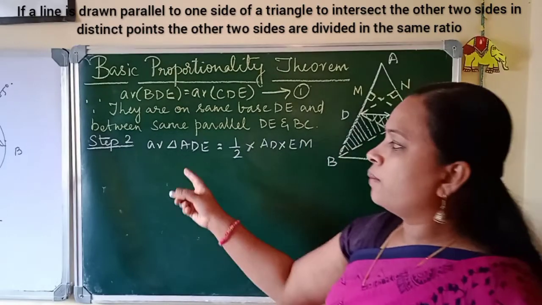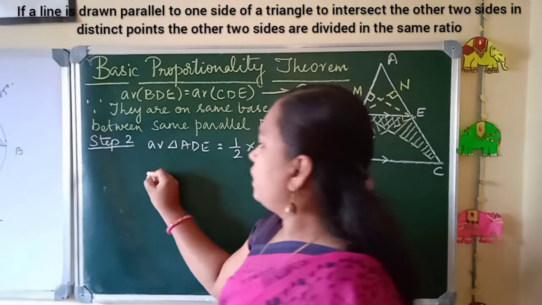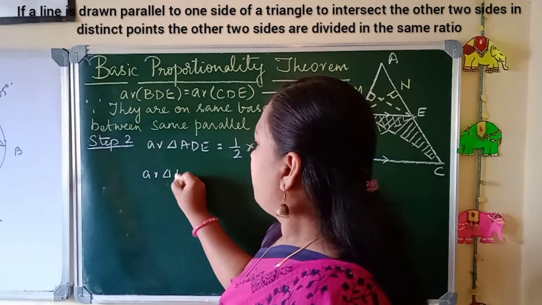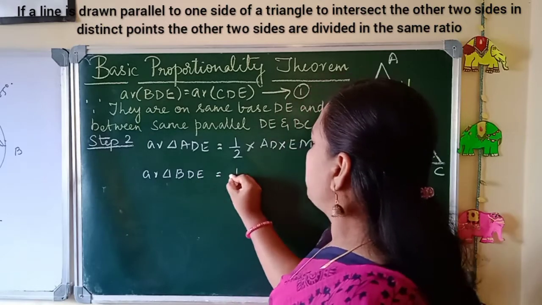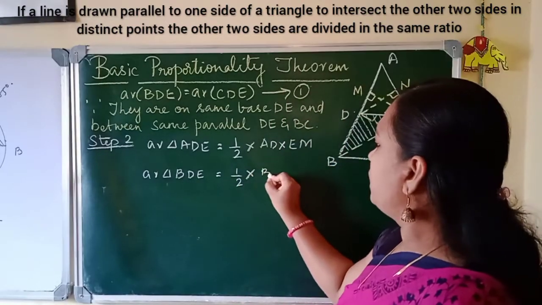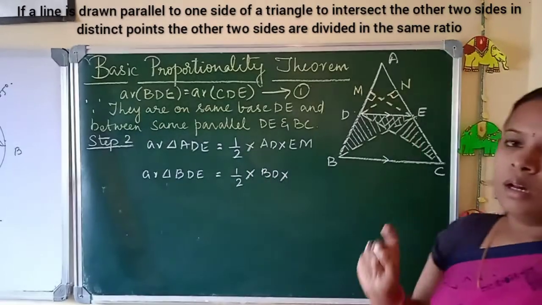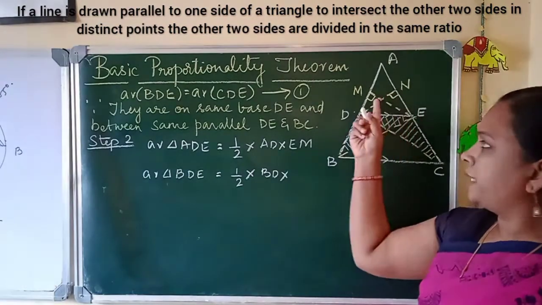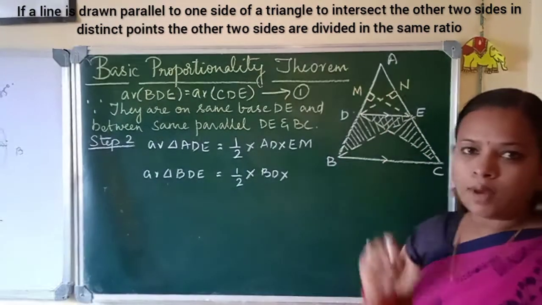And next I am going to take this triangle BDE. Area of triangle BDE will be equal to half into, now this is the base BD, and you should check what is the height. In triangle ADE you had the height inside the triangle, because it is an acute angle triangle.